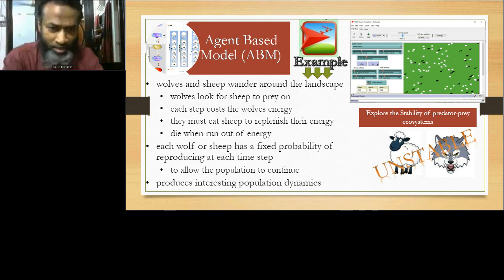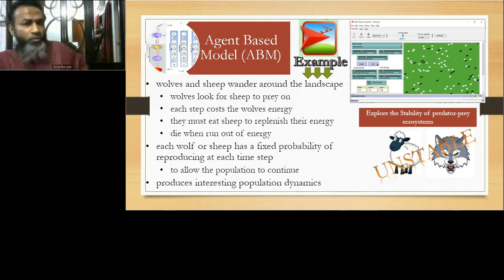Each wolf or sheep has a fixed probability of reproducing at each time step, so this allows the population to continue, and it produces interesting population dynamics. Our goal was to check whether this ecosystem works out or whether there are any problems. This is a very well-known basic model which comes as part of the tool's library.